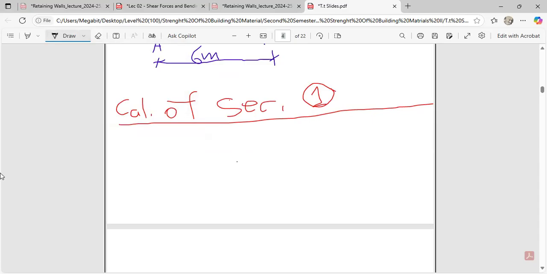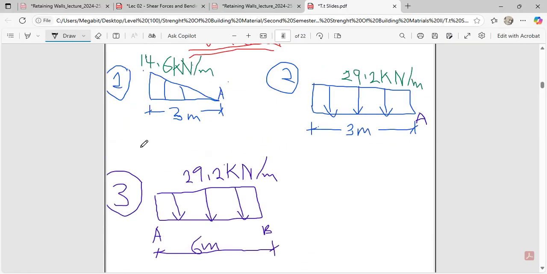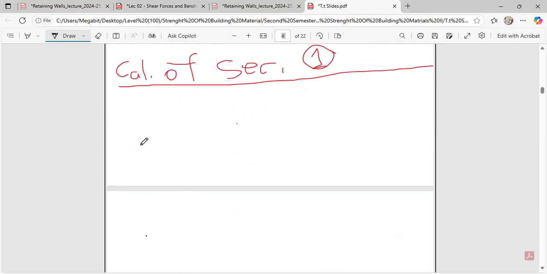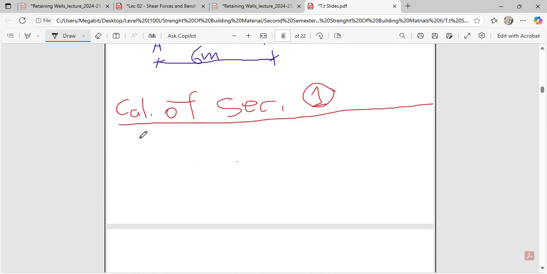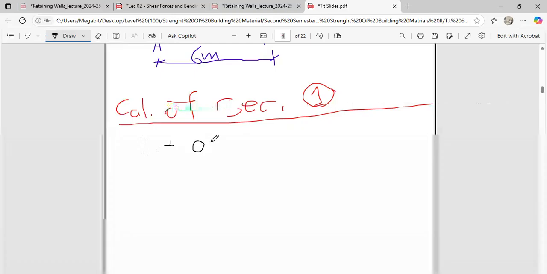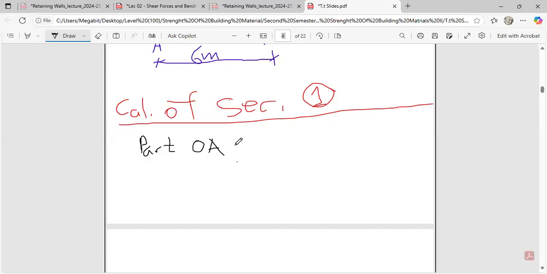our loaded length. First of all, in section 1, our part OA, what is it? A triangular load, or let me say a UVL.